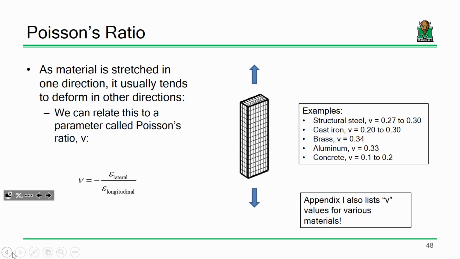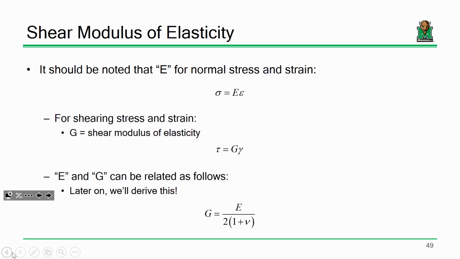Go to Appendix I, and I say V, it's actually the Greek letter nu, in your textbook, and there are all sorts of Poisson ratio values for different materials.